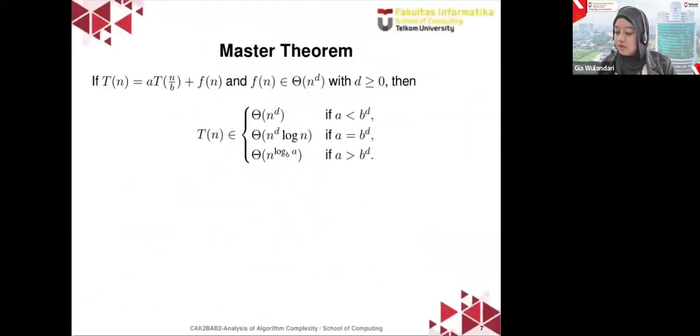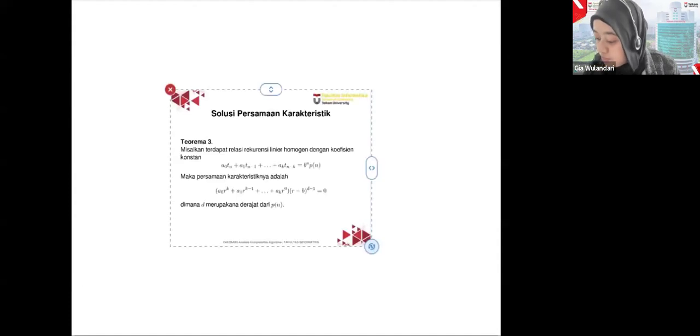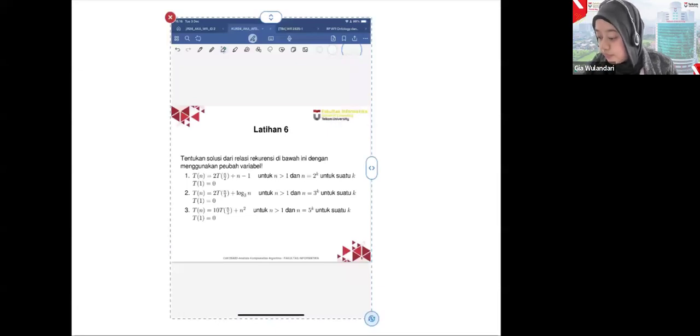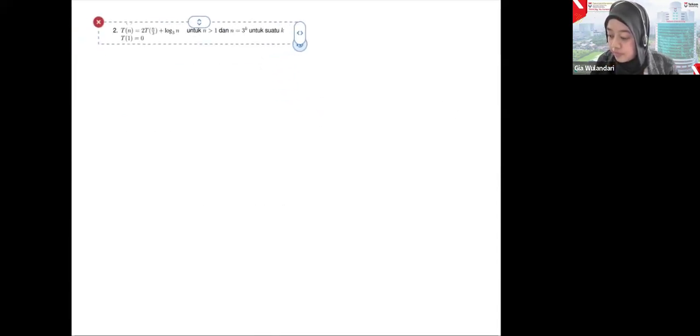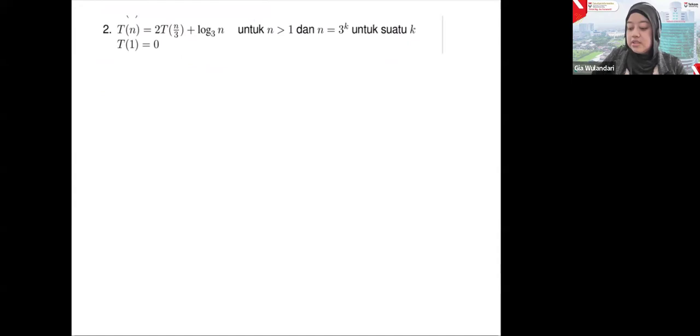So let's see another example. So if we have this, it means we have Tn minus 2 T n over 3 is equal to log 3n, right?